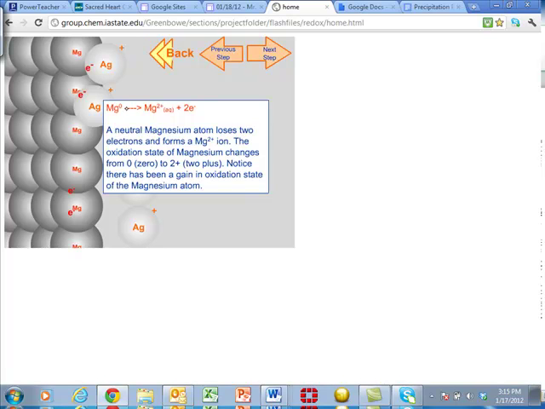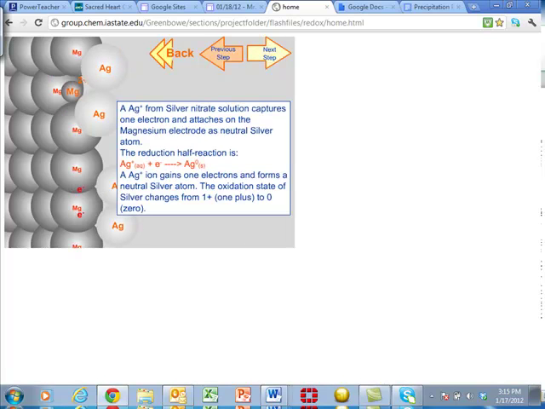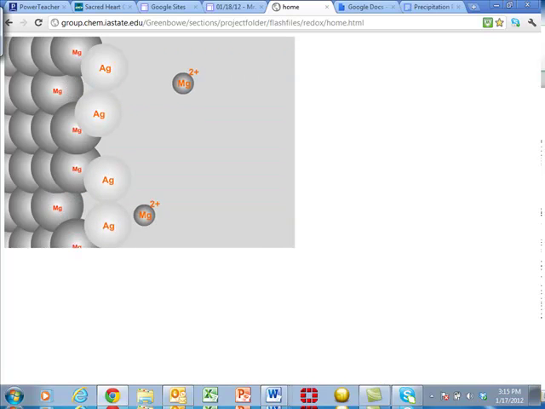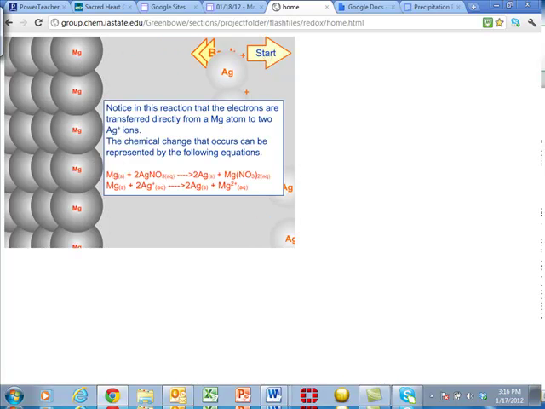Remember, if nothing's written, it's implied that it's 0. And then silver, each silver gains 1 electron to become a neutral. And then the magnesium is floating away in solution because it's aqueous, and the silver is staying here because it's a solid. Good?